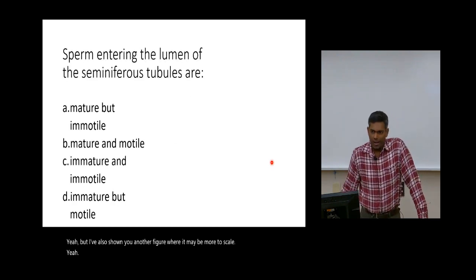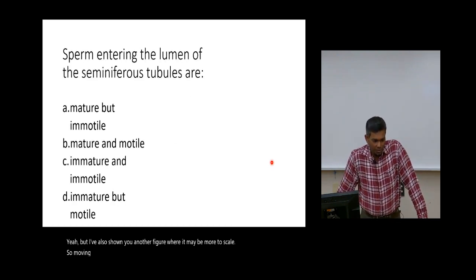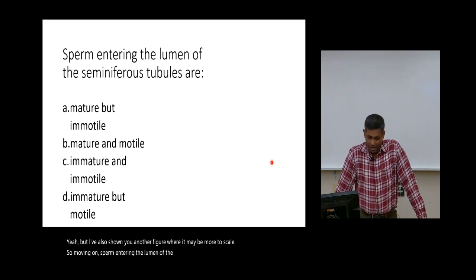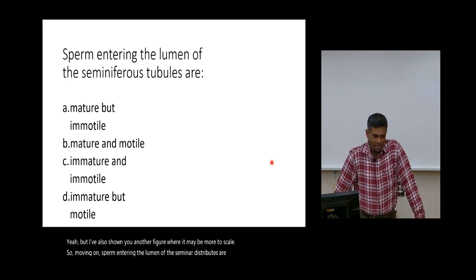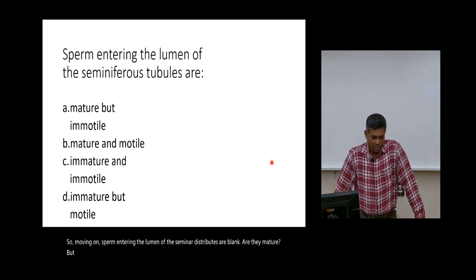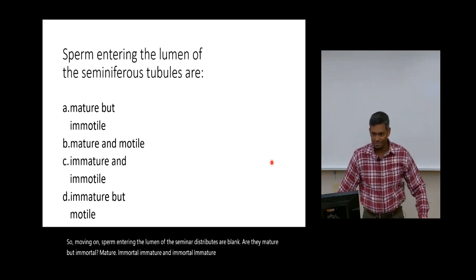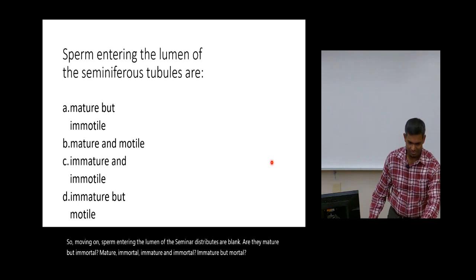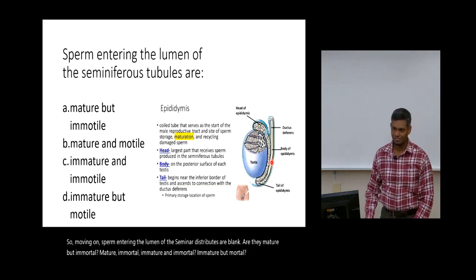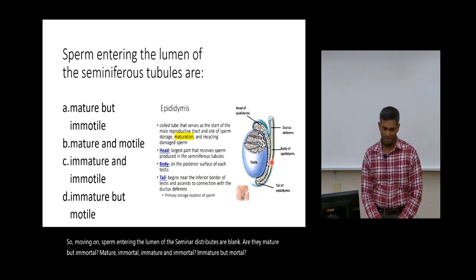So moving on, sperm entering the lumen of the seminiferous tubules are blank. Are they mature but immotile, mature and motile, immature and immotile, immature but motile?